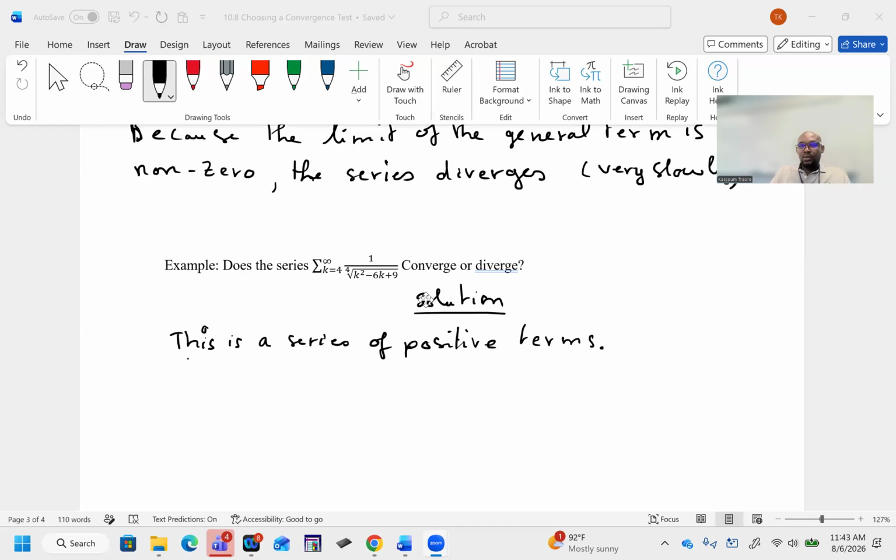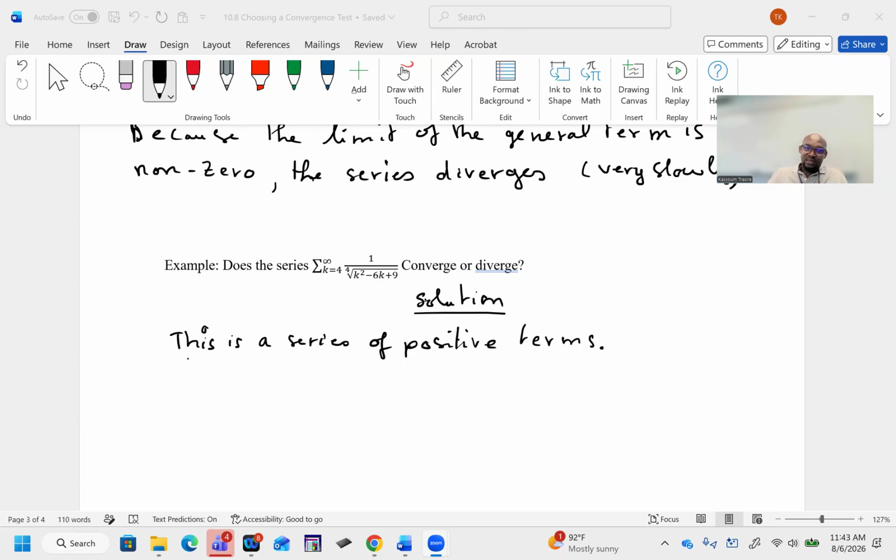So if I use the divergence test, the limit will be 0, right? But that will be inconclusive because the divergence test cannot be used to prove convergence. So that's why we will not use the divergence test here.